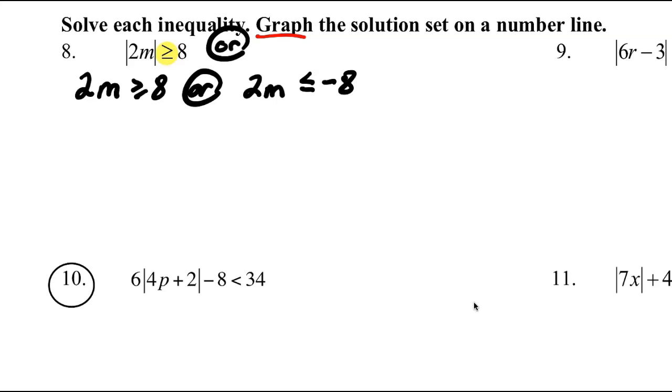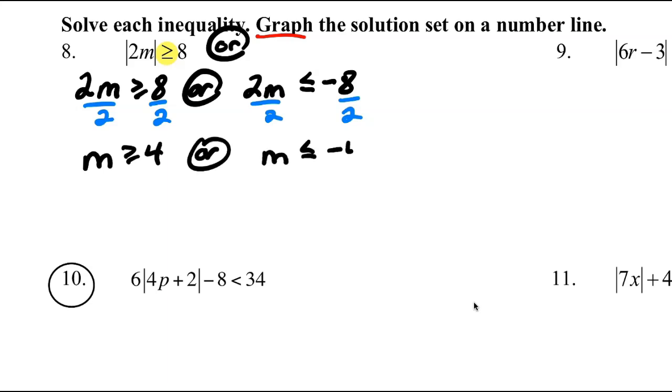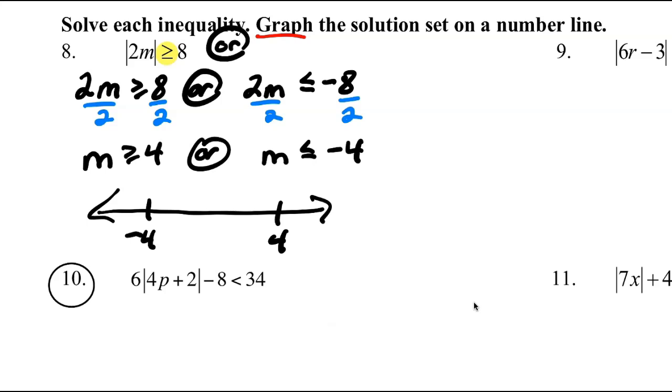And then you solve, we divide both sides by 2 for both of these, and we would get m is greater than or equal to 4, or m is less than or equal to negative 4. Then when we graph, negative 4 is over here, 4 is over here. Both are closed circles. So this would be our solution.